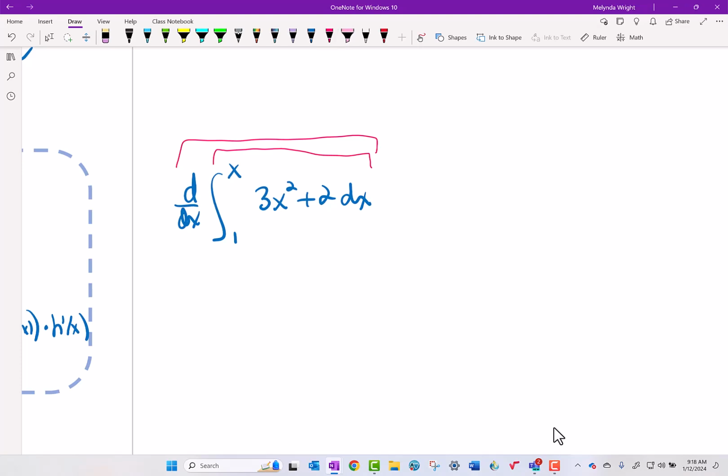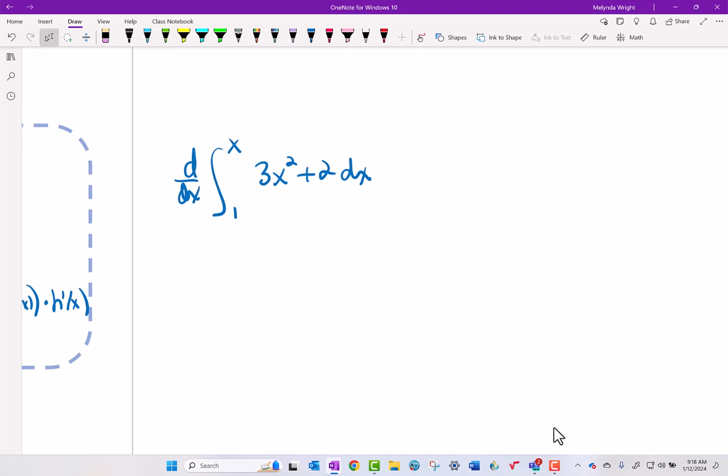Okay, so we're going to do the antiderivative of this, y'all. We did antiderivatives last time. Hopefully the antiderivative is fairly comfortable. So we would add 1 to 2 and get 3, right? Then we would divide by 3, so that gives me x cubed plus. Then the antiderivative of 2 would be 2x.